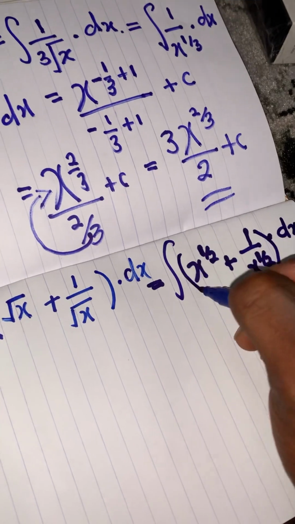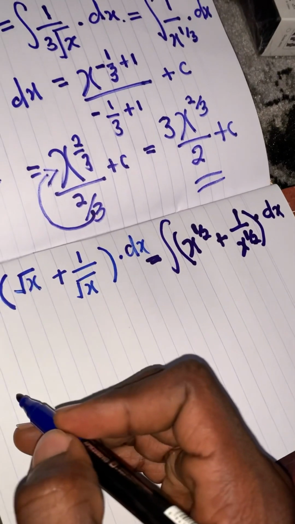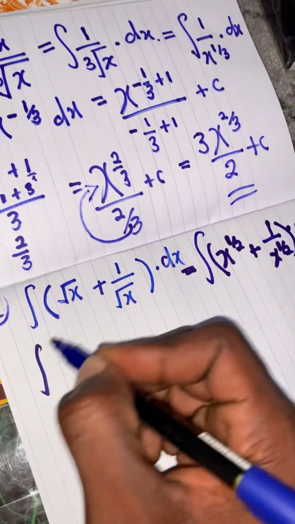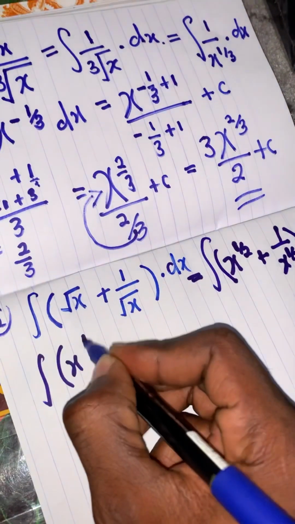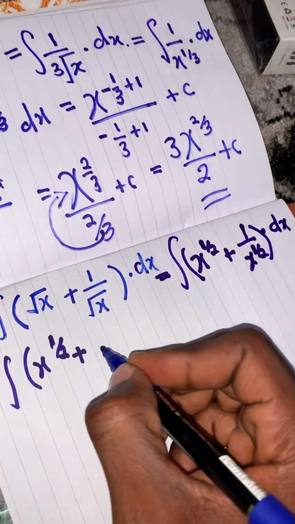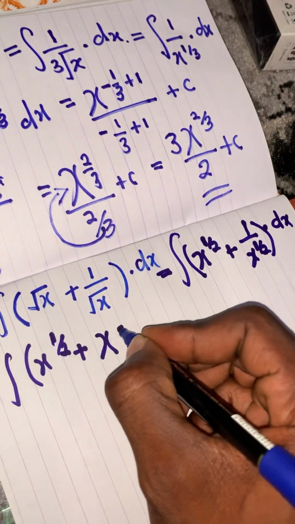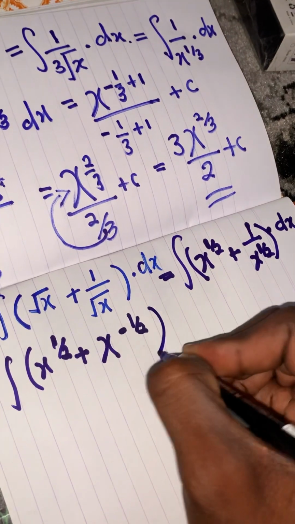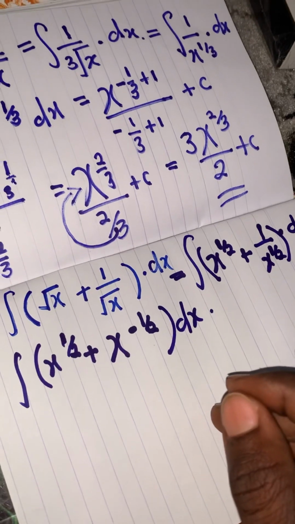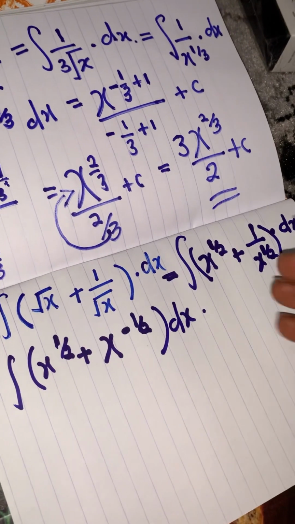Let me put them in a bracket. So from this expression we can further write it as x power 1 over 2 plus, from the indices law, here we have x power negative 1 by 2, then dx. So from here we can further go and integrate this value.